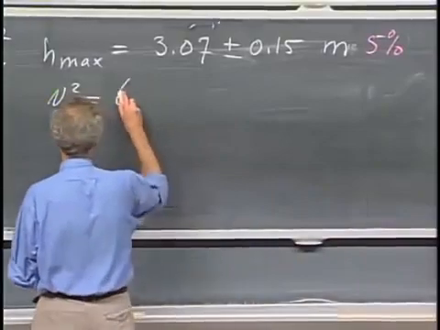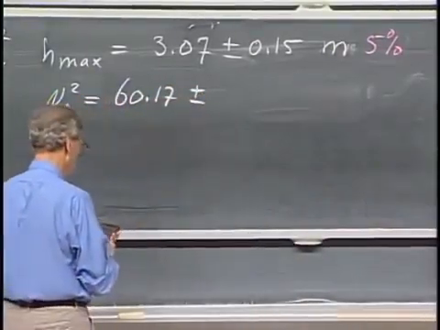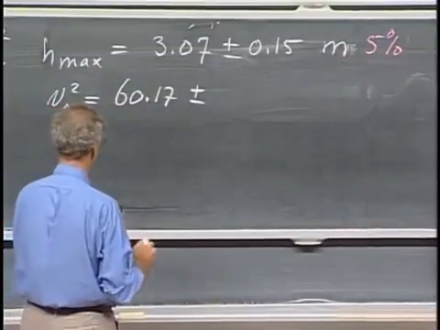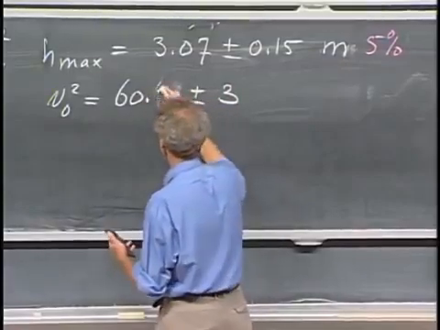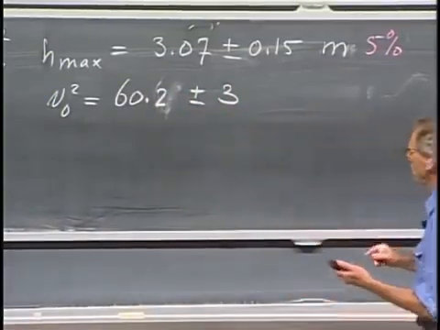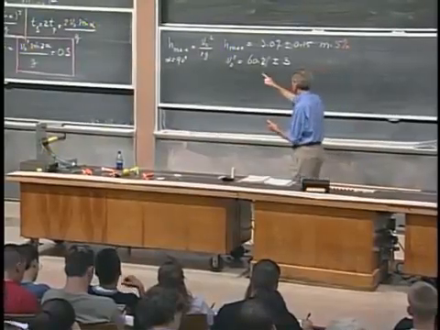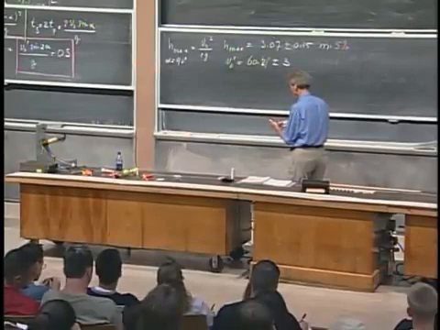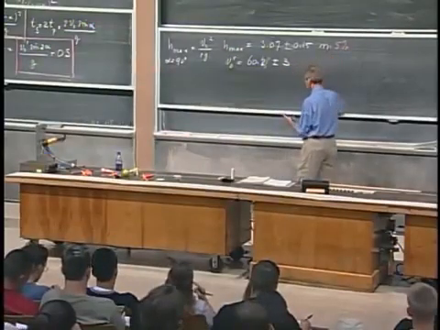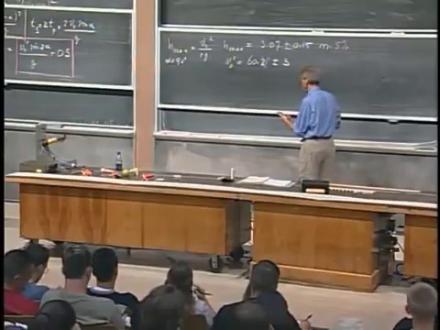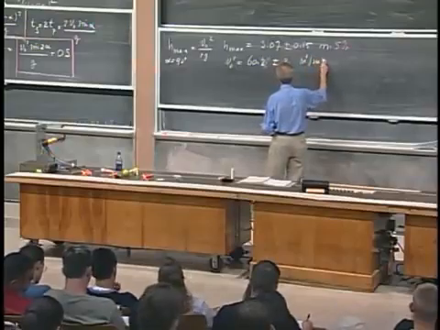I'd like you to check that. 60.17 plus an error of 5%. That is an error of 3. So you might as well make this 60.2. Would you please confirm that I didn't make a mistake? 3.07 is H max. I multiplied by 2, by 9.8. The 60.2 is a 5% error, and a 5% error is indeed 3. This is meters squared per second squared.